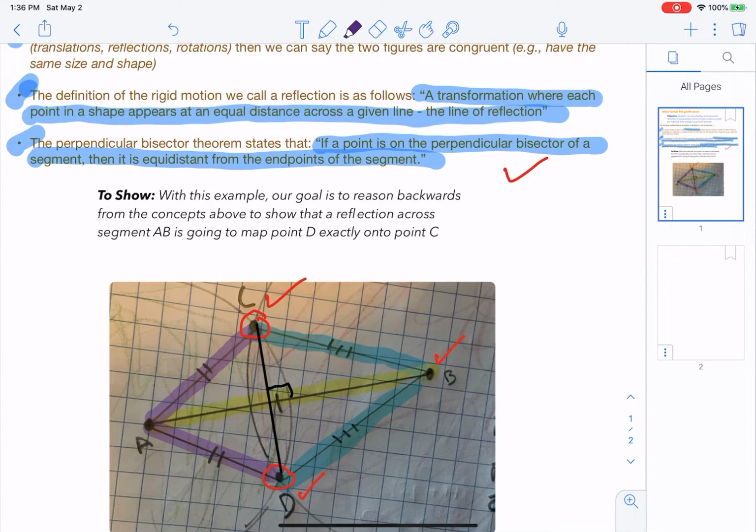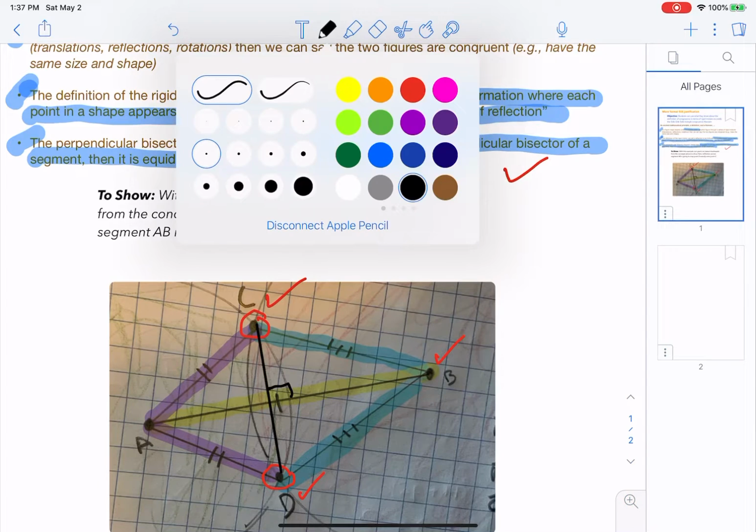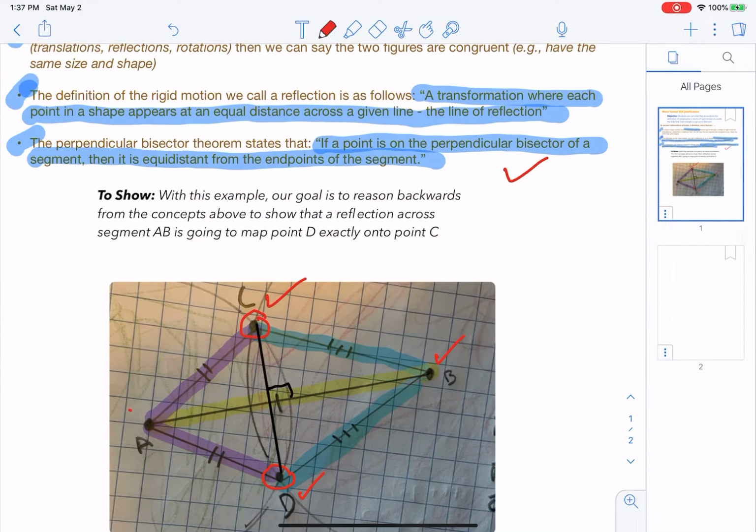Once again, by the converse of the perpendicular bisector theorem, we know that point A, I'll use two check marks, is the same distance from point C and point D, which means that point A is on the perpendicular bisector of CD, I should say.